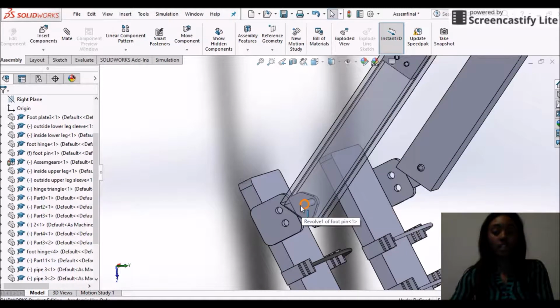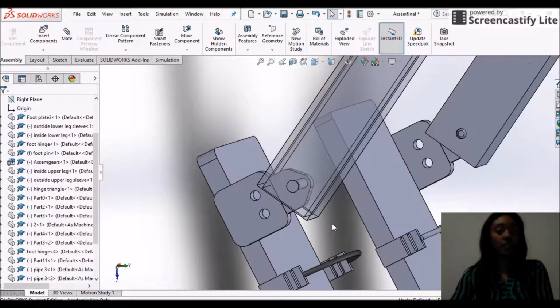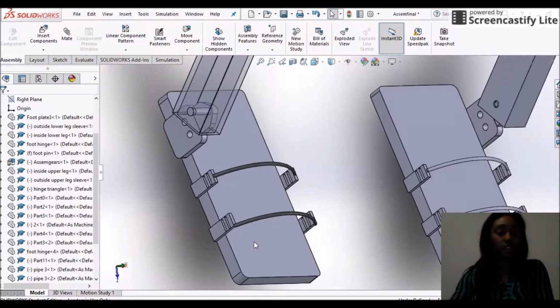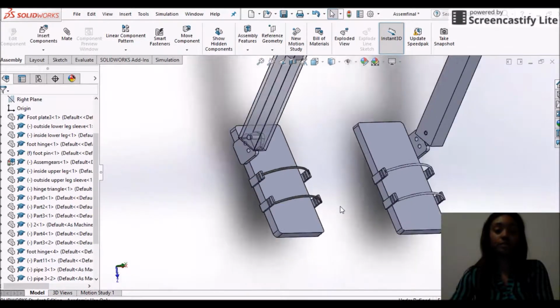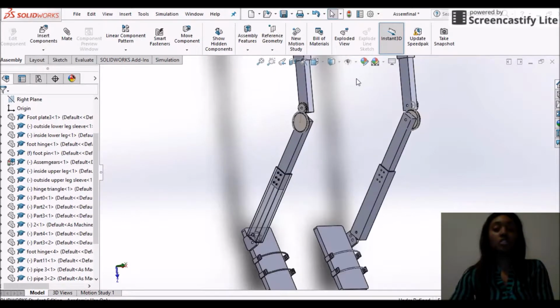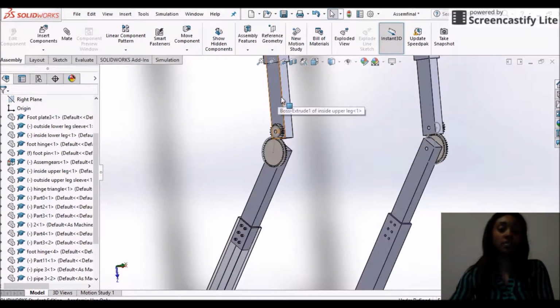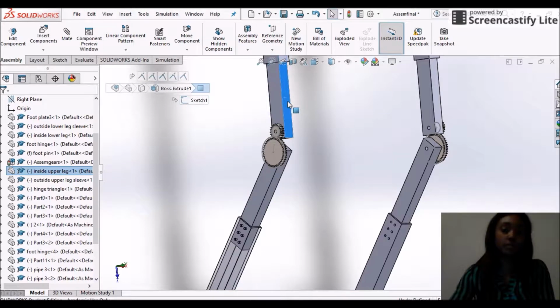We have 1 pin located at each side of the ankle, made out of A307 steel, and will allow for a rotating motion at the ankle. We have 2 feet supports that have straps to safely secure the individual. And I will also show a rotating motion of our gears.